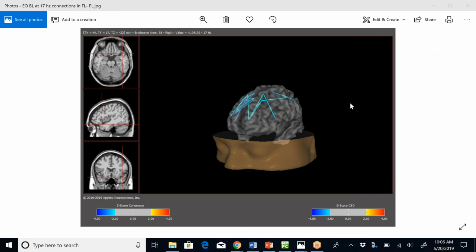So let's talk about what functional brain mapping is. There are different techniques in functional brain mapping. What it essentially means is you first have to do some kind of functional assessment, and that's usually referring to cortical functioning.